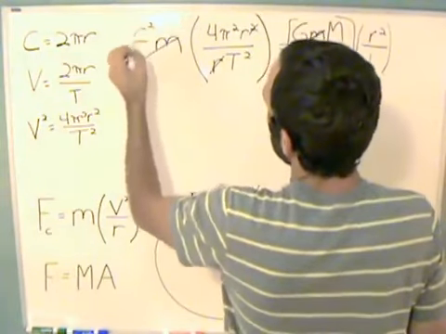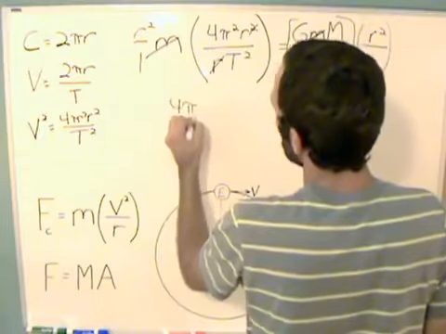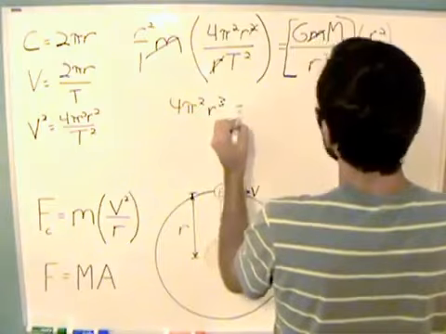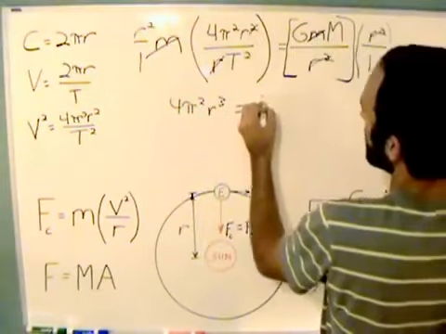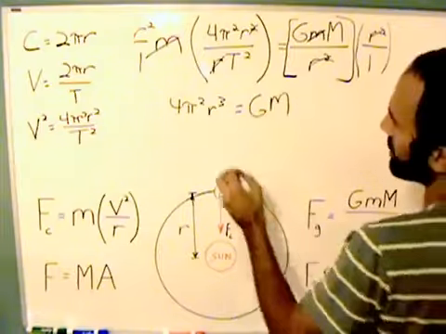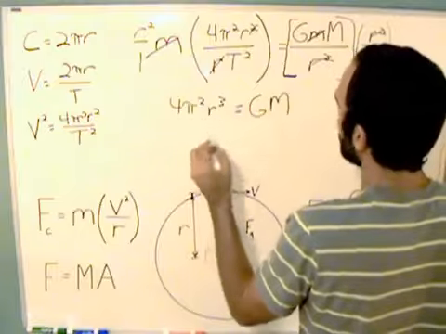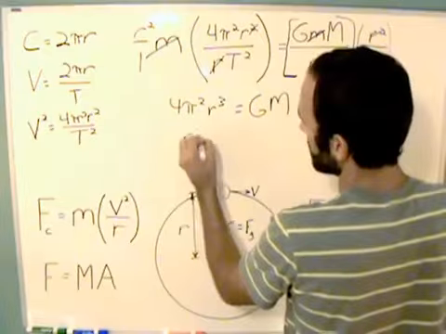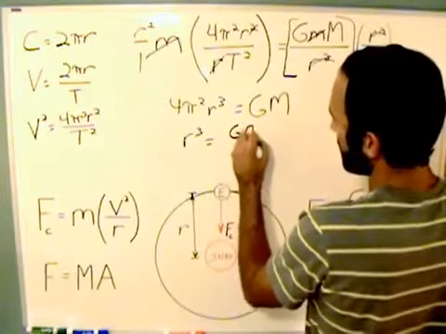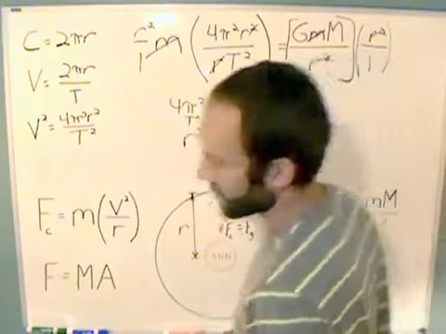And that gives us 4 pi squared r cubed equals, and cancels on this side, G times big M. And then we want to get r by itself over here, so we just divide by 4 pi squared. I'm not going to actually show the steps, but we'll just say r cubed equals G M, nope, I missed T cubed. And I might just write this out.